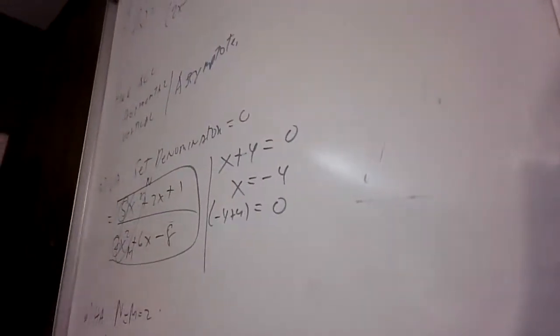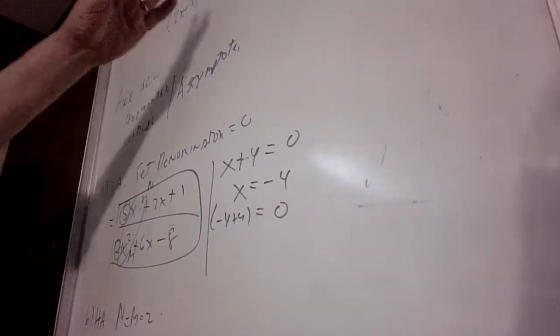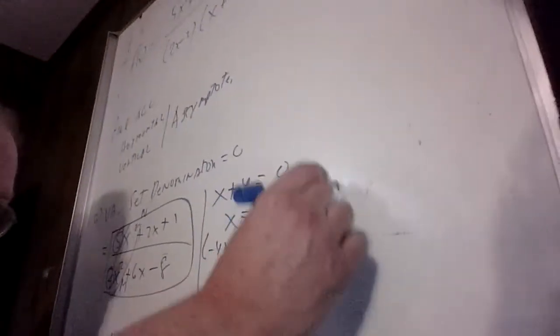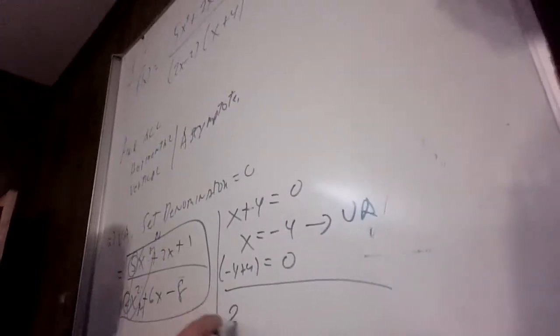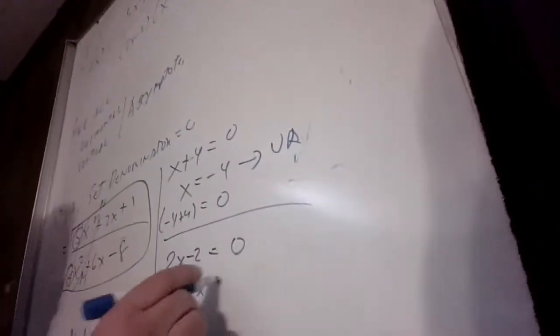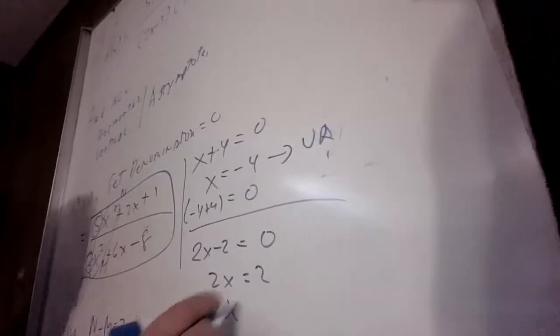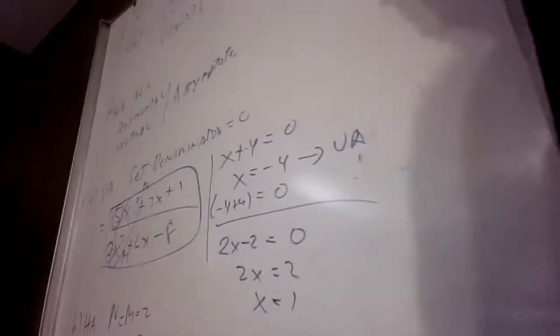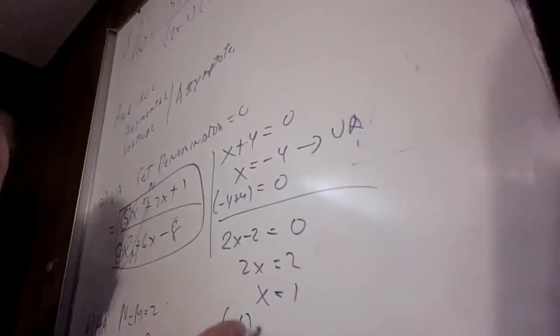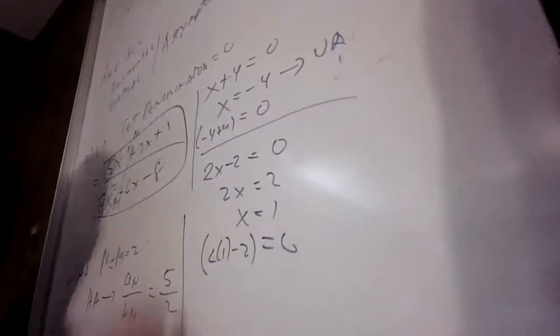That means the denominator is 0. This would blow up to infinity, so this is a vertical asymptote. But what about the other one? I have 2x minus 2 equals 0. So 2x equals 2, and x equals 1. When x is 1, I have 2 times 1 minus 2, and that equals 0 also. So I have x equals 1 as another vertical asymptote.